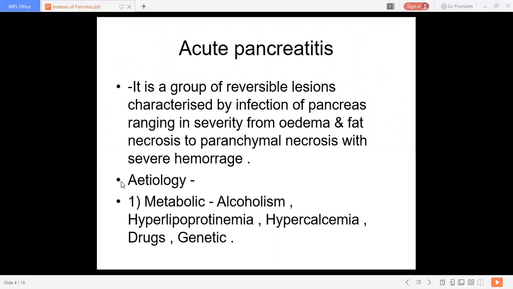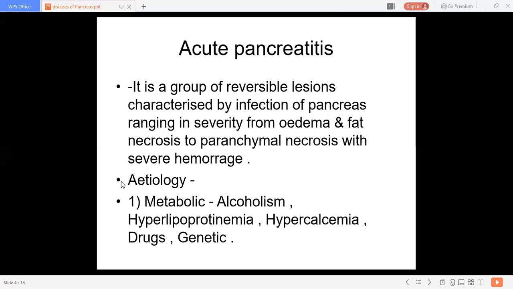Alcoholism, hyperlipoproteinemia, hyperlipidemia also, then hypercalcemia, various drugs can cause pancreatitis, and genetic causes. These are all metabolic causes of acute pancreatitis.